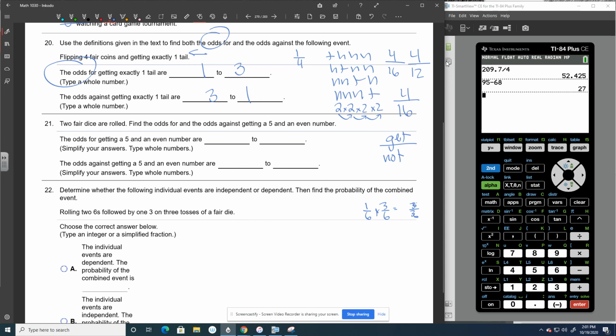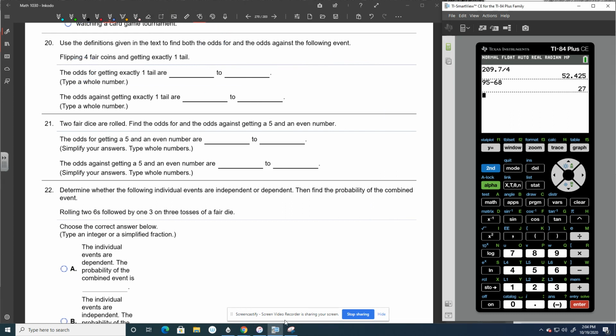Well, I guess we better add those together. We don't want to multiply those. Sorry. We want to add those probabilities. My probability of getting a 5 and an even. So if I look at my list of probabilities, we have a couple of different ways of counting this one. What we're looking for is a 5 and an even. So you've got your dice.